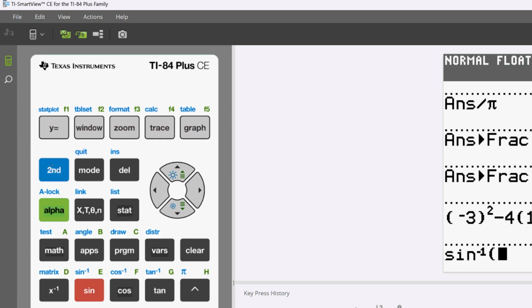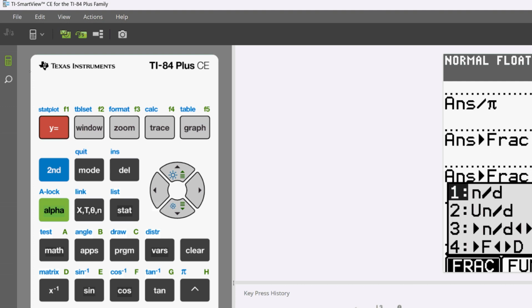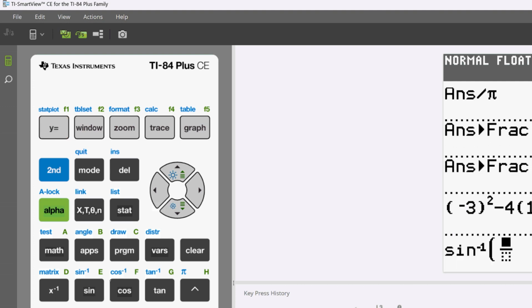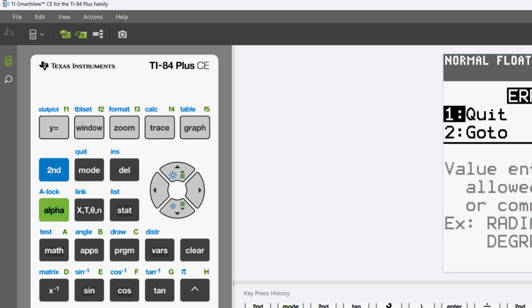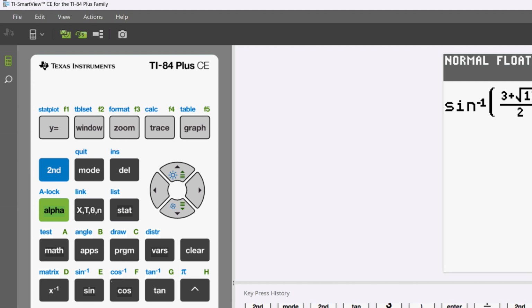So we can say second, sine inverse, alpha y equals, enter, 3 plus square root of 17 over 2. So this is the first one we had. Make sure I type that in right.